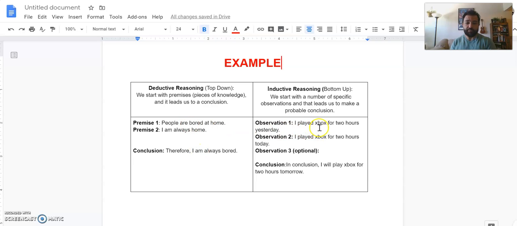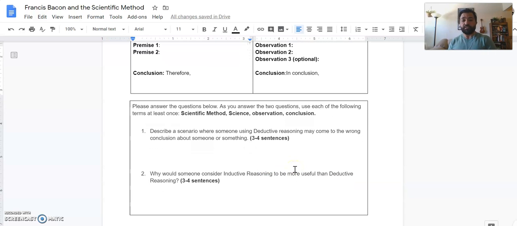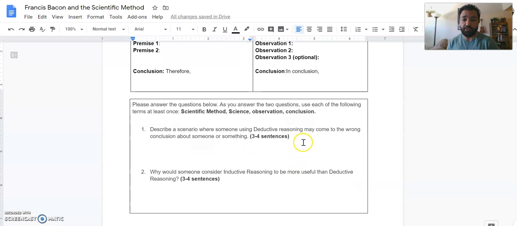You could use this to show that even though I would be home, I may not be always bored. I play Xbox for 2 hours a day, and those hours aren't boring. So you can't say I'm always bored, because people are bored at home and I'm always home. I want you to provide an example where someone using deductive reasoning may come to the wrong conclusion about someone or something.